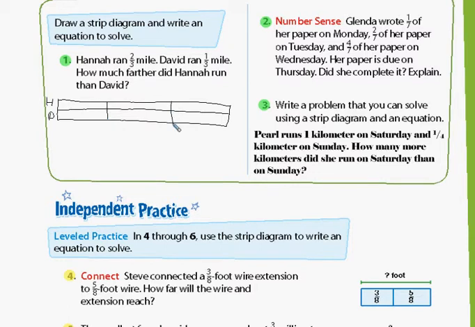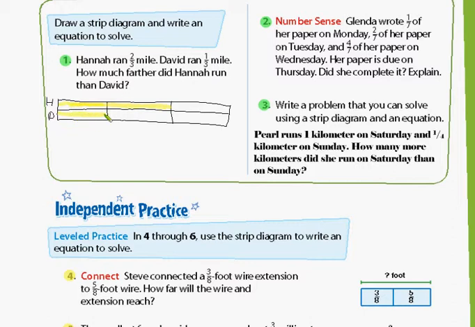Hannah ran 2/3 of a mile, so we'll go ahead and highlight Hannah's. That's 1/3, 2/3, so that's what Hannah ran.